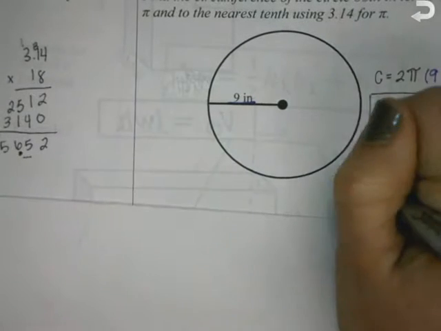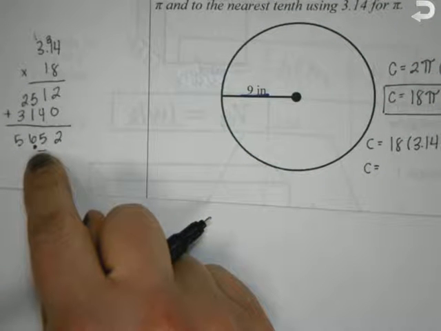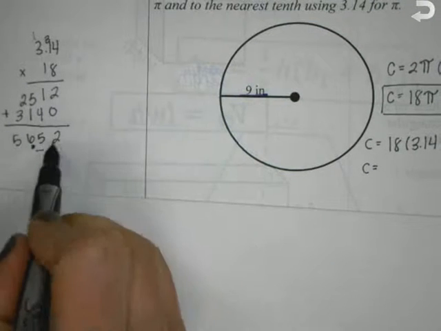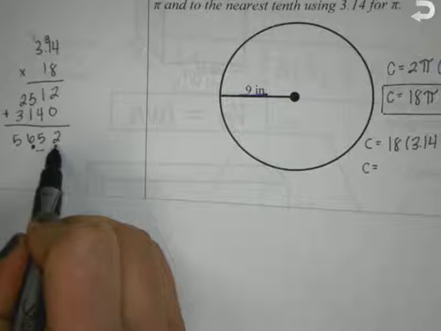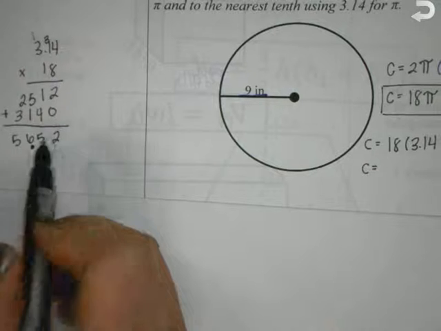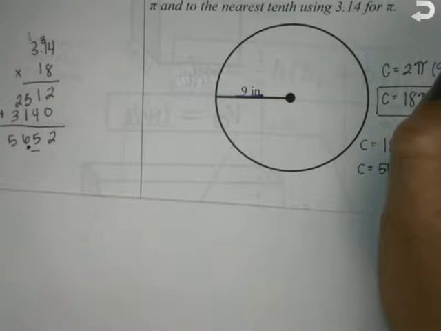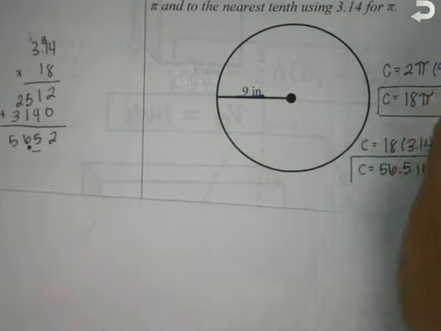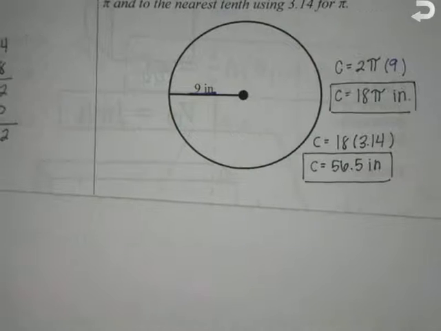For 2, I round down, so my answer is 56.5 inches. So 18 pi and 56.5 are the same amount. Okay, these are actually the exact same answer. Do we have to do both? It depends on what the instructions say.